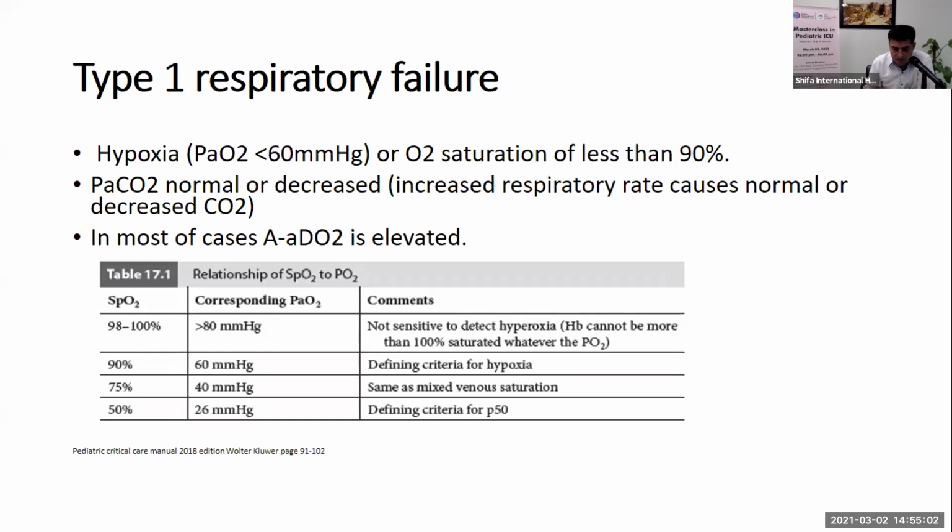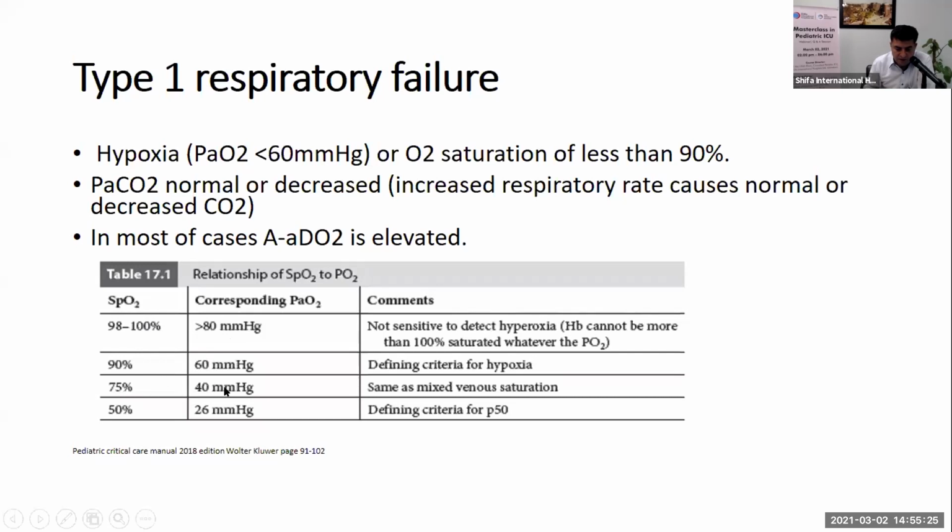If you see the table below, it gives you the corresponding PaO2 for the saturation level. So if the saturation is from 98 to 100%, the corresponding PaO2 will typically be more than 80 millimeters of mercury. And for 90, it is typically 60 millimeters of mercury.